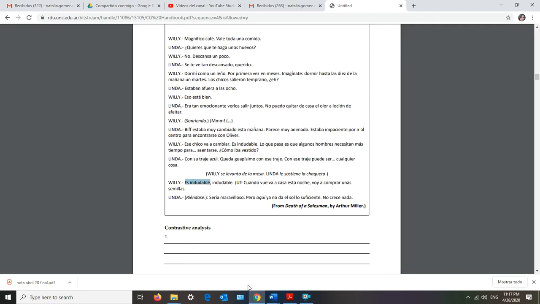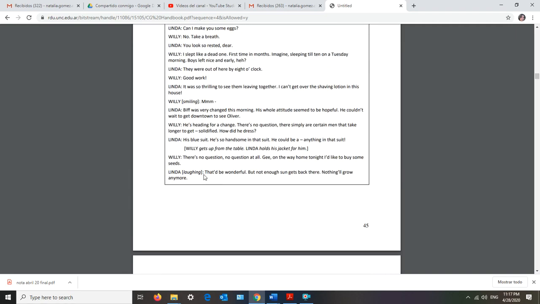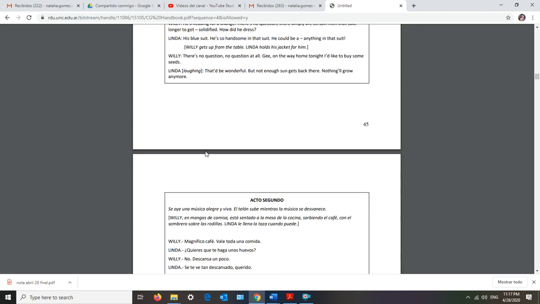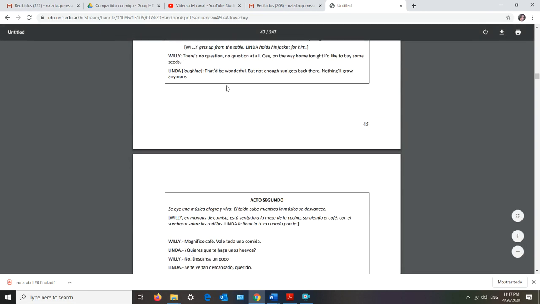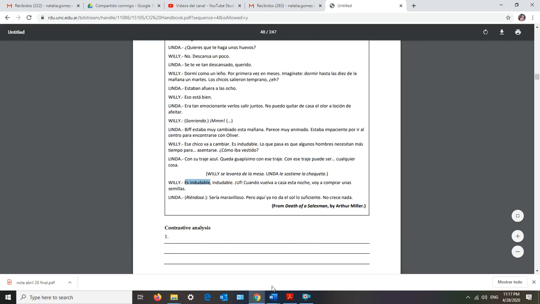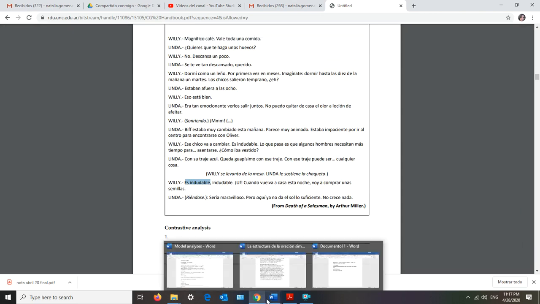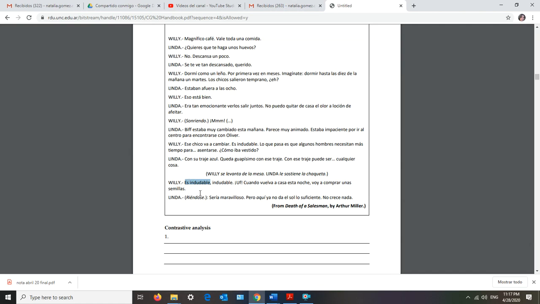So we'll analyze these two, there's no question and es indudable, and we'll also provide a different rendition for there's no question into Spanish to see also how the analysis differs from the one that this one gives way to.